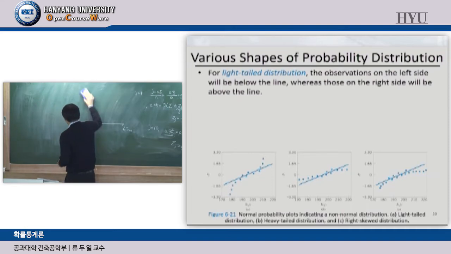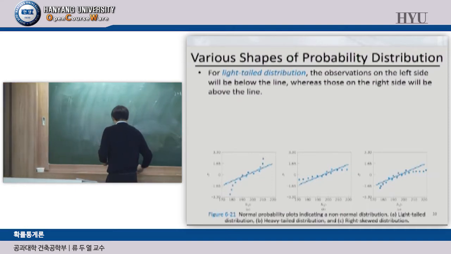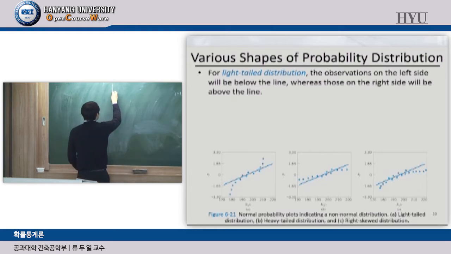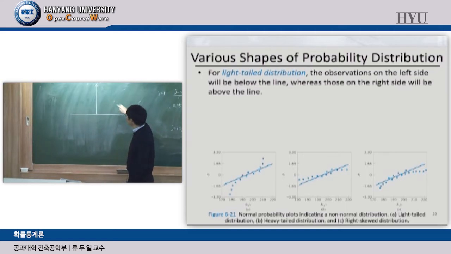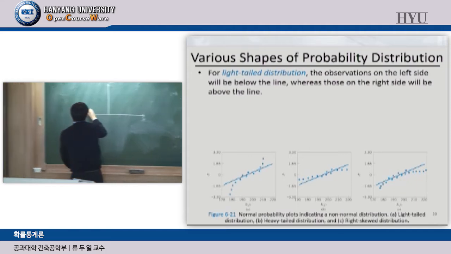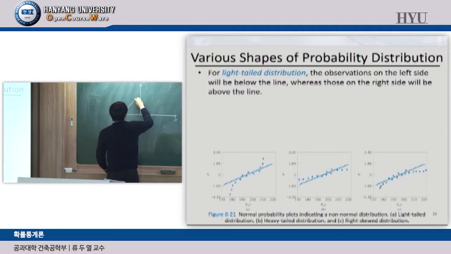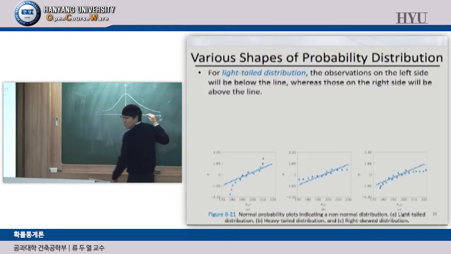And I'm going to show about this case. This is the variable x, and this is the probability density function. For this case, this is the normal distribution, okay?